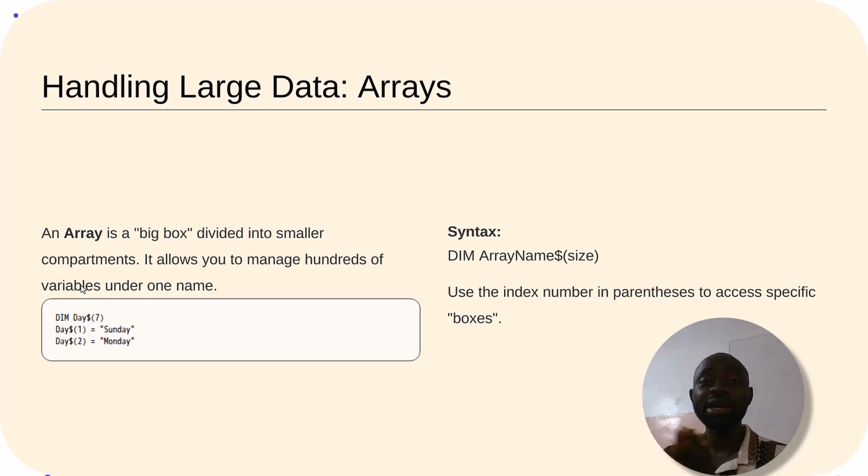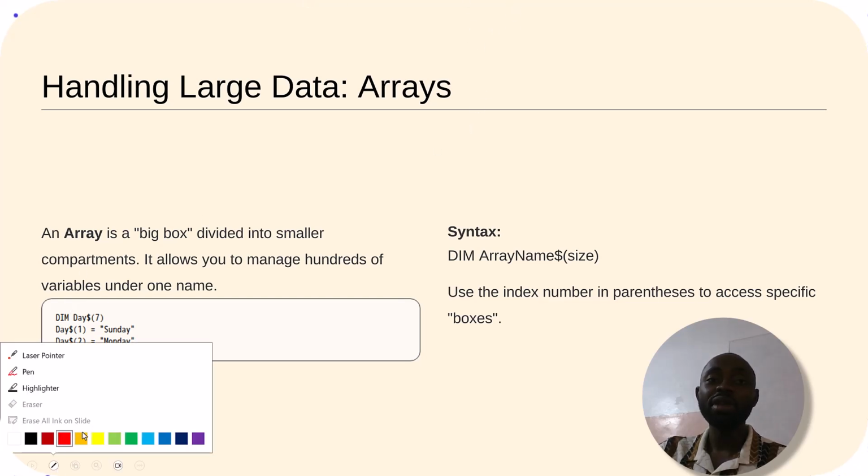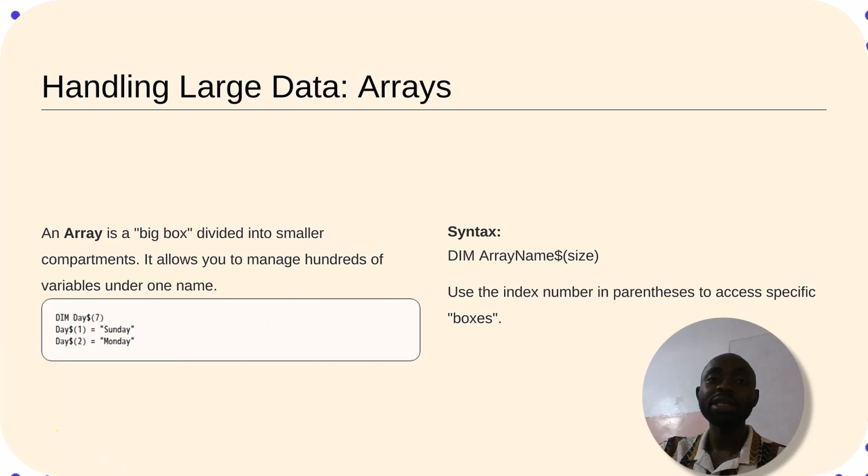In the example that has been given, we are looking at an array called day, and we all know that there are 7 days in a week, from Sunday, Monday, Tuesday. So every array has an index number.